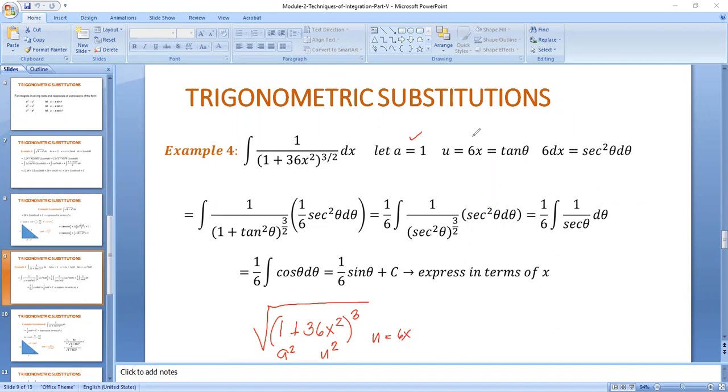So you see it here? The u, which is 6x, is equated to a, which is 1, tangent of theta. Because for a squared plus u squared, u is equal to a tangent of theta. So this is our representation now, and this is your substitution equation.